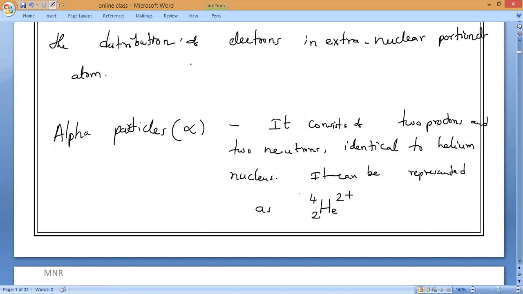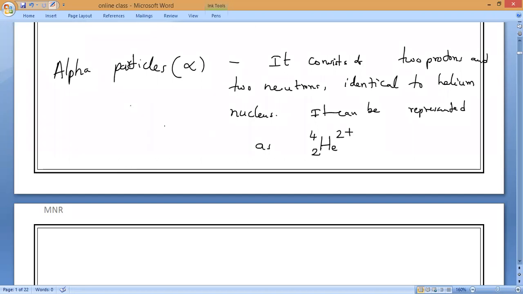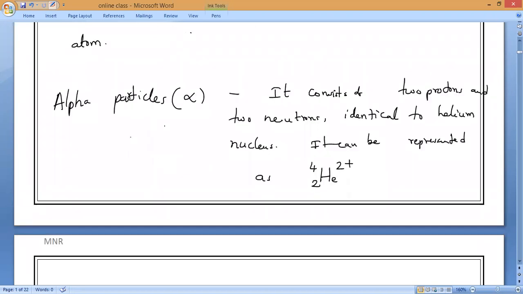We will study this in the coming classes. Okay, so this is what alpha particles are. Please learn this definition. What are alpha particles? Totally it is 2 units of positive charge and 2 units of neutral charge, totally 4 units. That is what you have to remember. Okay, everybody.